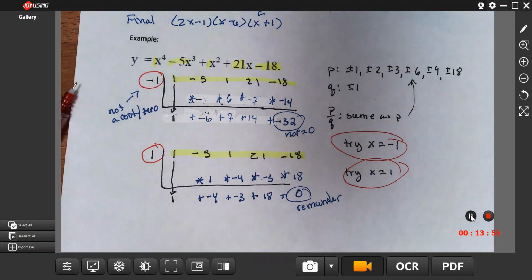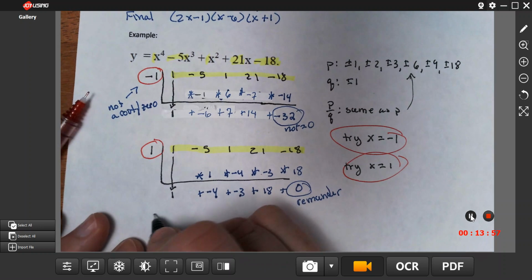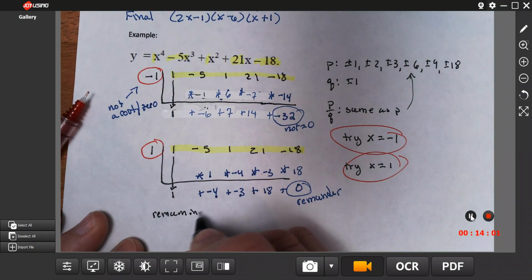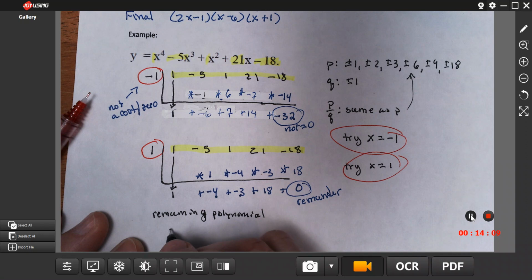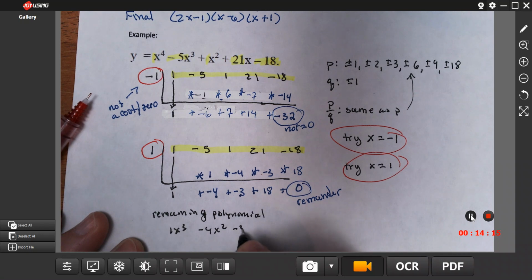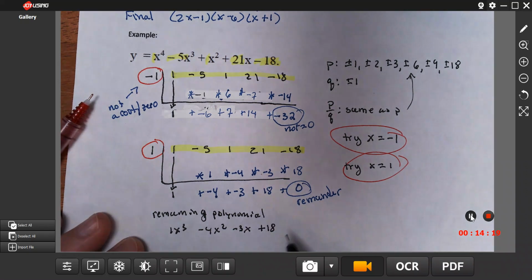So now we're going to continue, and this is our remaining polynomial, which later you might not have to write down, but to be clear in the notes, is 1x to the third minus 4x squared minus 3x plus 18. Sorry about the noise. So we want to factor this further.